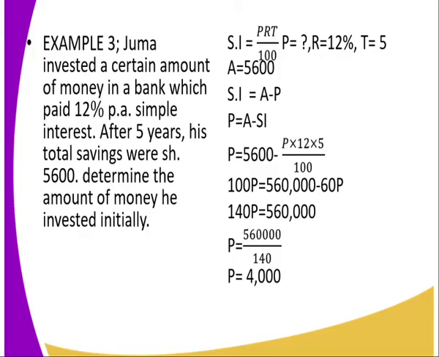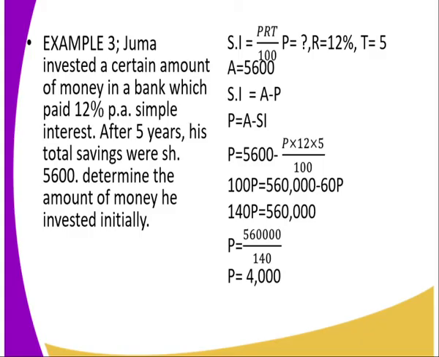Example 3. Juma invested a certain amount of money in a bank, which paid 12% per annum simple interest. After 5 years, his total savings were 5,600. Determine the amount of money he invested. So we use the formula.